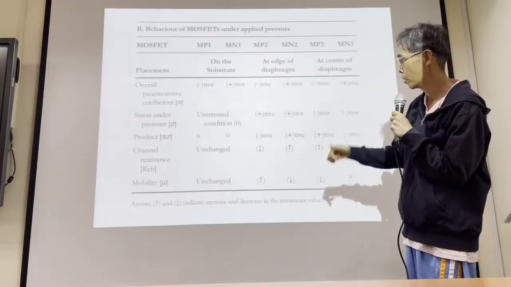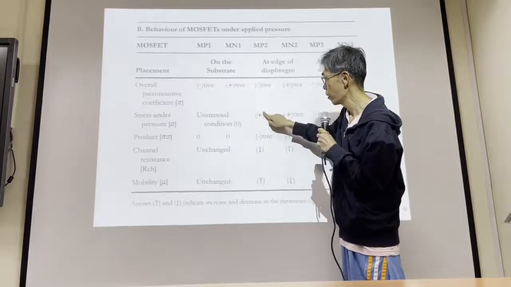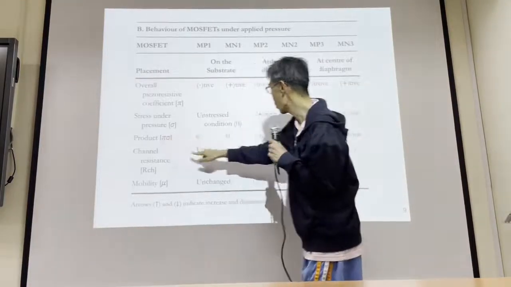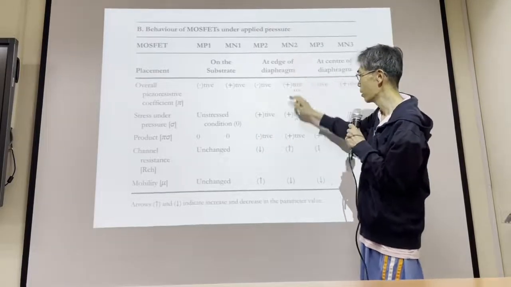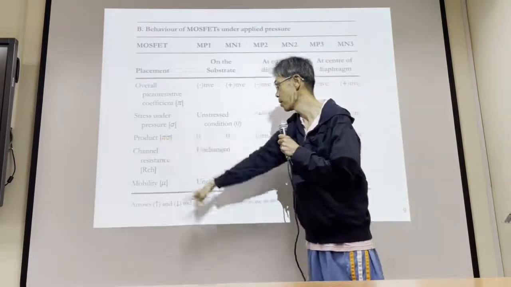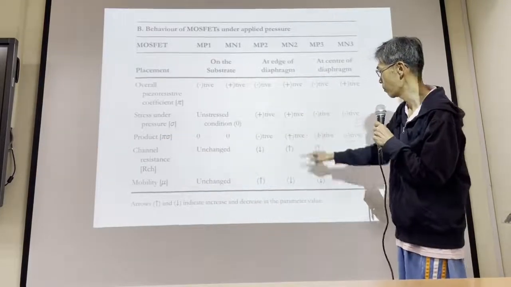Next. For PMOS, pi is negative times positive stress, so negative. For NMOS, the pi value is positive, so positive times positive is positive.